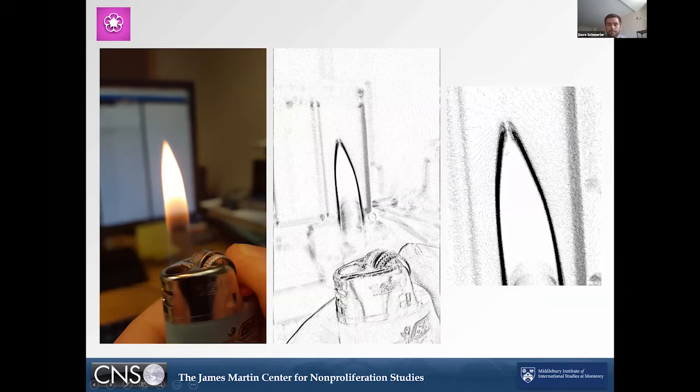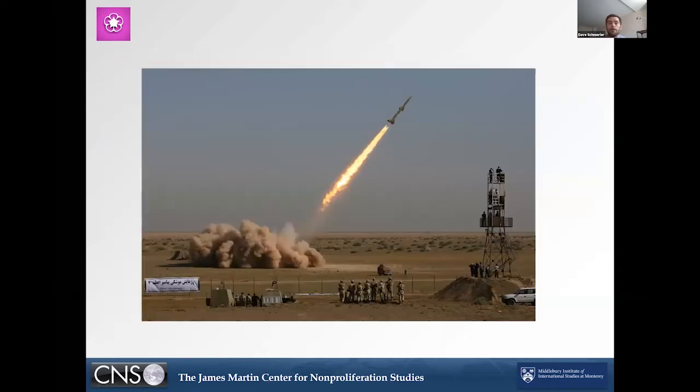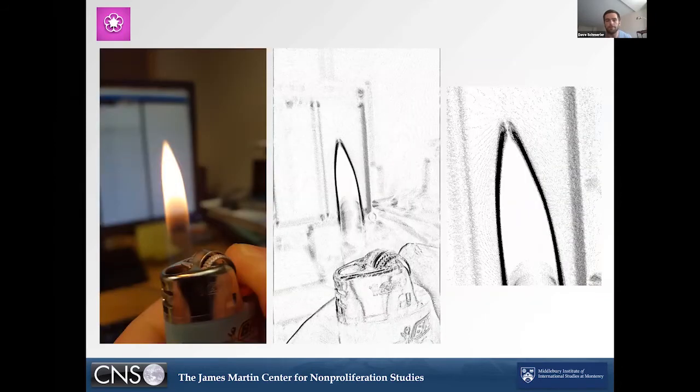This is important because we can use this for images of missiles. Here we have a very famous surface-to-air missile test from an Iranian news outlet. If we were going to run the isoclean filter on this image, we should expect to see the same type of wavelets that we see right here.